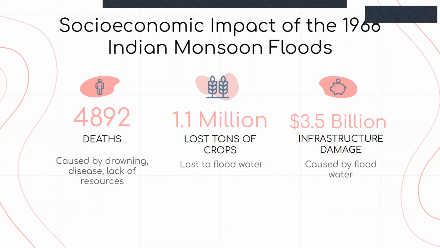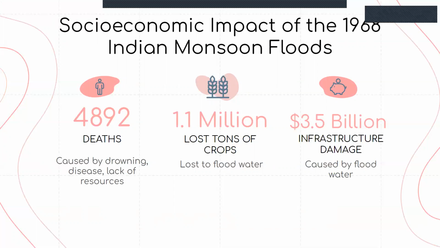So next we're going to be talking about the societal and economic impacts of the flooding. So to start off, during the 1968 monsoon floods, there were 4,892 reported deaths, and these were caused by drowning, disease, lack of resources, pretty much anything that you can imagine a storm would damage.